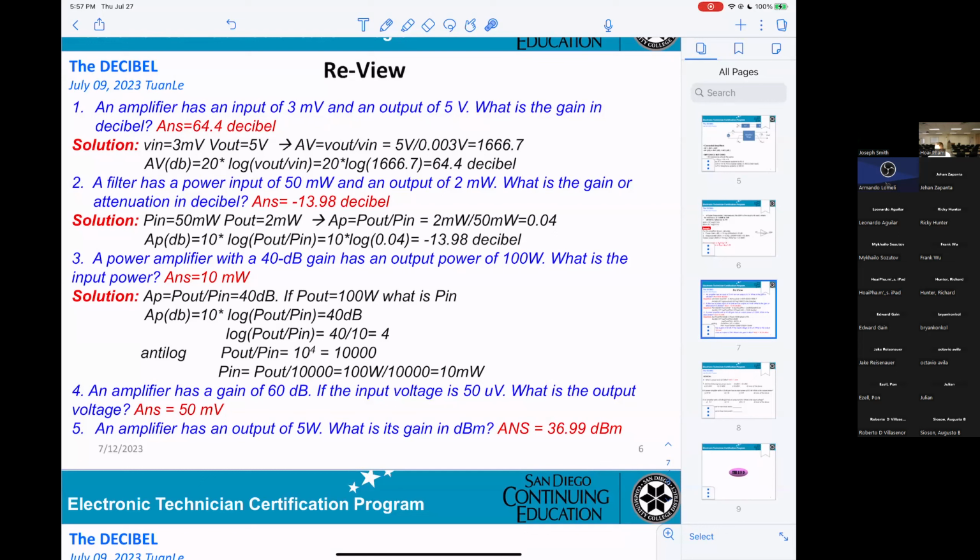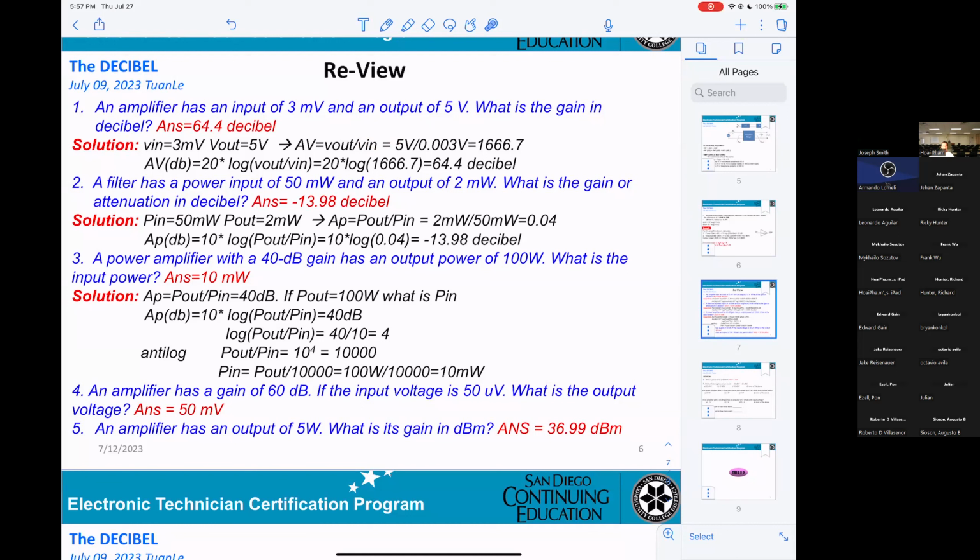Solution. V in equals 3 millivolt, V out is 5 volt. So the gain AV is V out divided by V in. V out is 5 volt, and to divide by 3 millivolt, you cannot. They have to be the same unit.